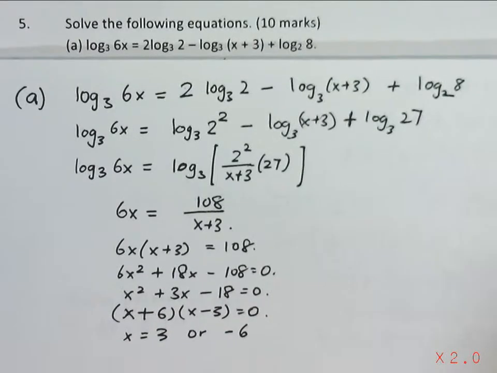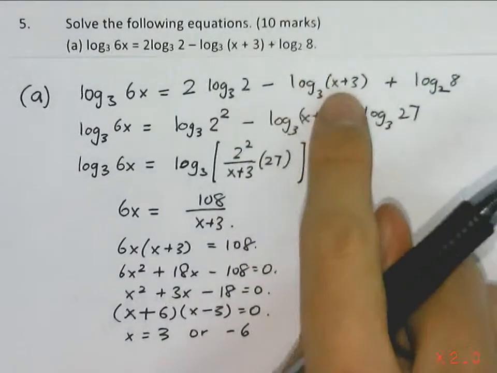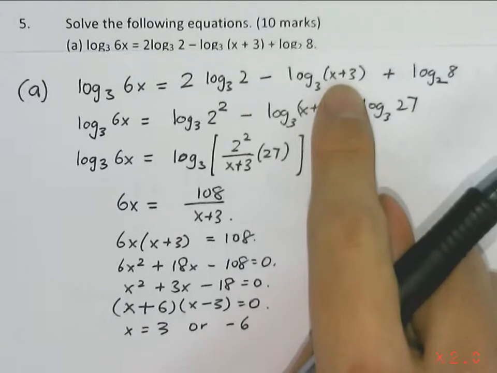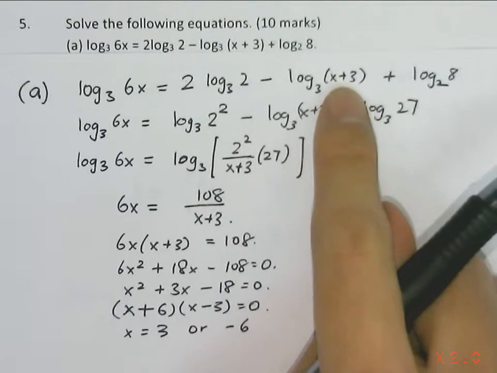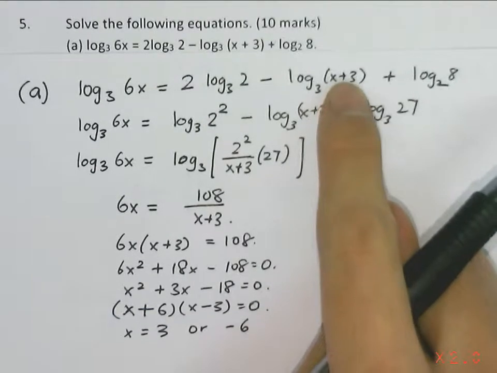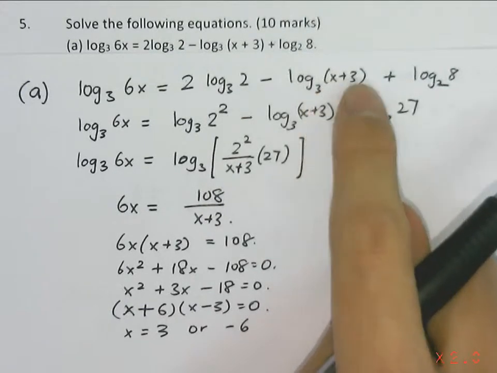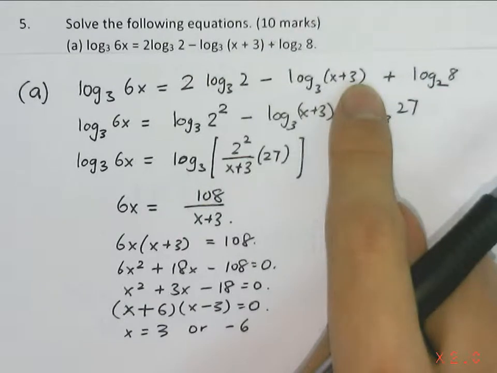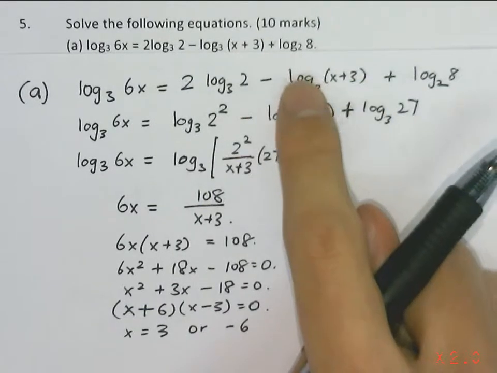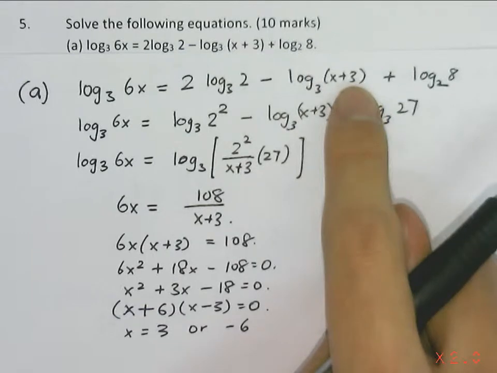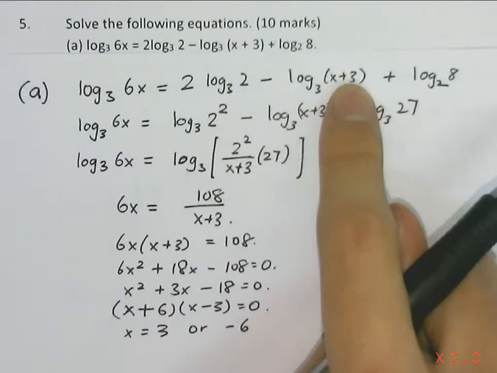Now notice that if we were to put minus 6 into this term in the original equation, the number in the bracket will be minus 6 plus 3, because x is minus 6, so minus 3. You cannot take a log of a negative number. That would be an undefined answer.